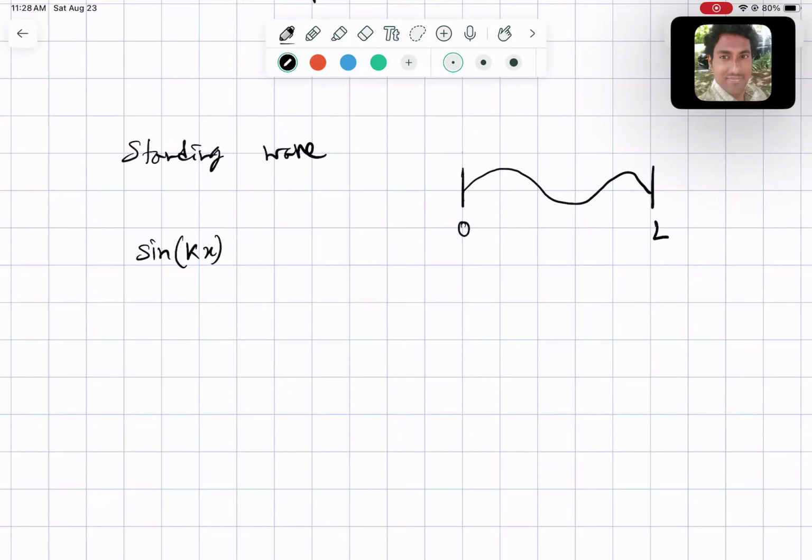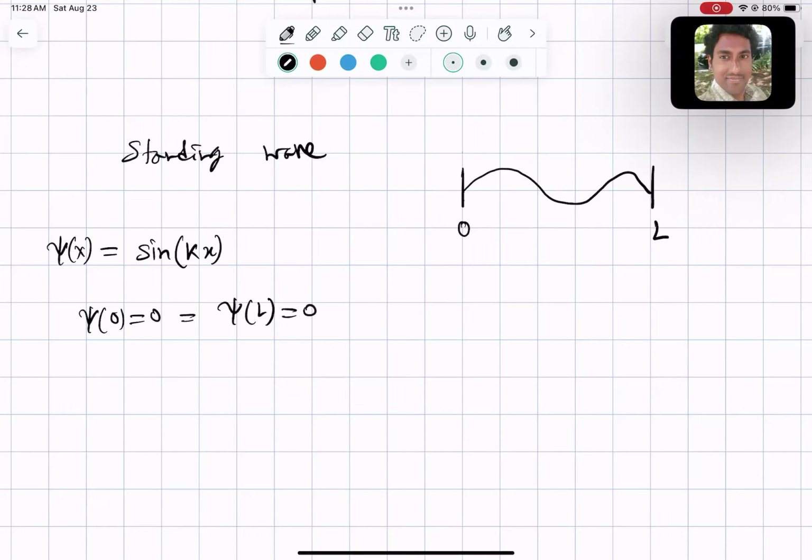Just a simple wave. I mean, I'm trying to give a very simplified example. For in 1D case, just a sine wave. And the sine wave must satisfy the boundary condition, meaning, let's say this is psi of x. Quantum mechanical symbol, don't get scared. Psi of 0 must be 0 and psi of L must be 0.